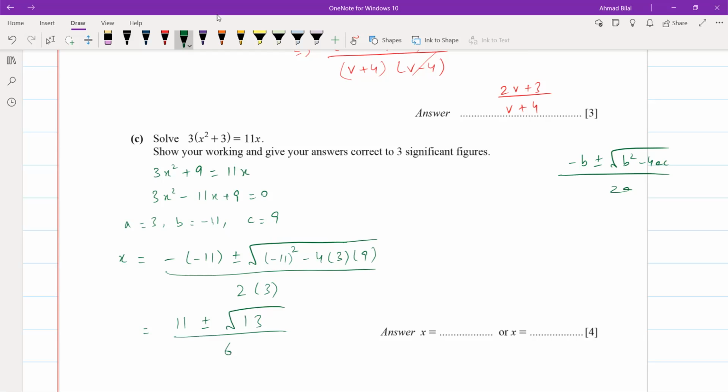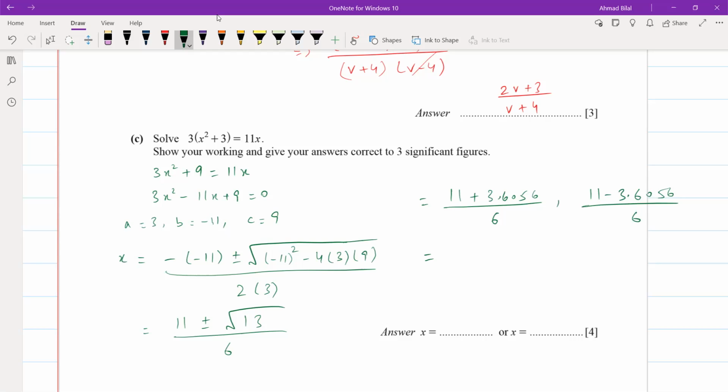Now there are two possibilities, either 11 plus square root of 13, that is 3.6056 divided by 6. Either this is true, or we have 11 minus 3.6056 divided by 6. ठीक है, इन दोनों को अलग अलग evaluate कर लेंगे.